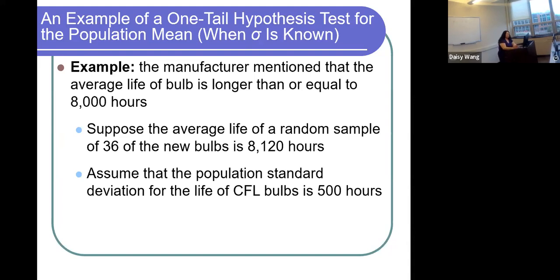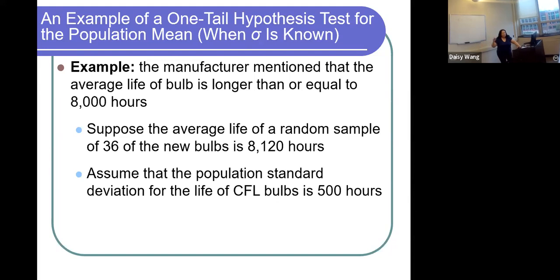So what if we select an item and the sample average is 8120. And then the population standard deviation is 500. Okay? So does that mean that 8120 is significant enough to be considered longer than it?